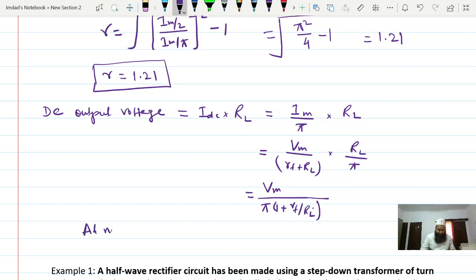At no load, RL equal to infinity, therefore V DC equal to Vm upon pi.